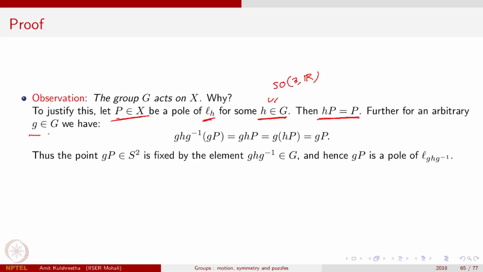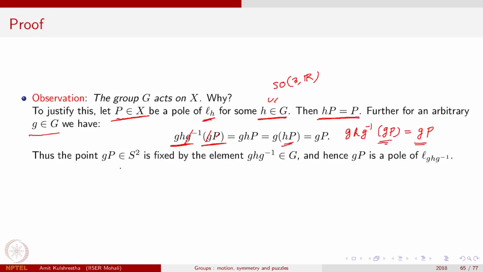And now if I take any arbitrary element G in G, then I make this calculation: G H G inverse acting on GP. GP is what happens to this pole under the influence of G. So G H G inverse GP is simply GHP, which is GP, because HP is not moving P, since H is precisely the rotation for which P is a pole. So I have this to be GP. Therefore, G H G inverse GP is GP.